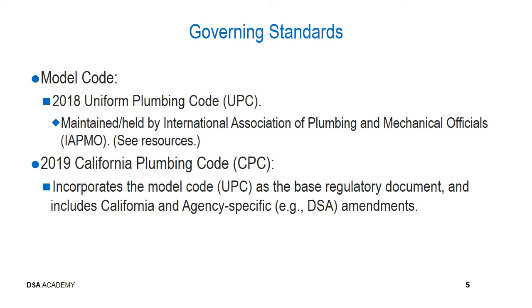This particular document is maintained and held by the International Association of Plumbing and Mechanical Officials, abbreviated IAPMO. The 2019 version of the California Plumbing Code incorporates the model code as its base regulatory document, and the California Plumbing Code, in addition to containing model code, includes California and agency-specific amendments. Some of the agencies are OSHA, DSA, the State Fire Marshal, etc.